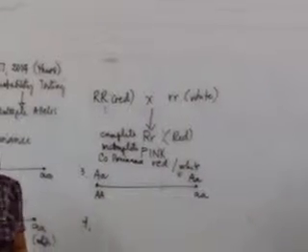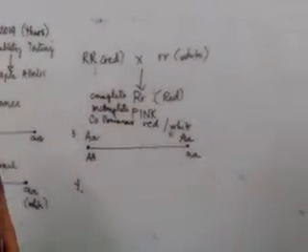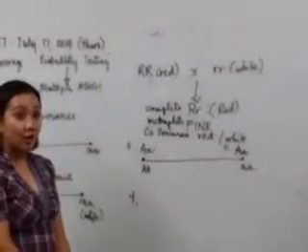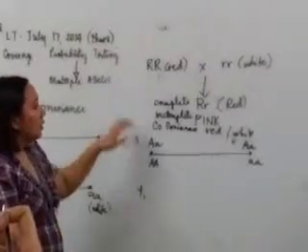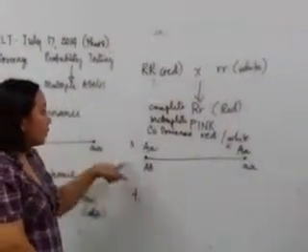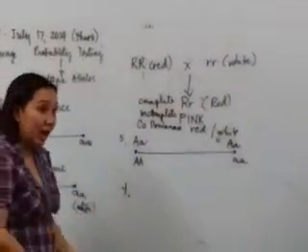How about for overdominance? Exaggeration of both homozygous dominant or homozygous recessive. Therefore, what do you expect in the progeny? So you will be expecting the progeny, instead of white, there is an additional.